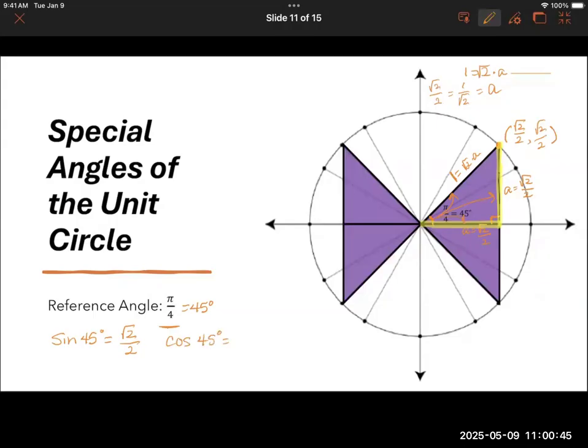The adjacent side would be this root 2 over 2 over the 1 for my hypotenuse. So root 2 over 2 would also be the value for cosine of 45. And if I wanted to find the tangent of 45, I would be taking the root 2 over 2 that's the opposite over the root 2 over 2 that is the adjacent, and I would just get 1.